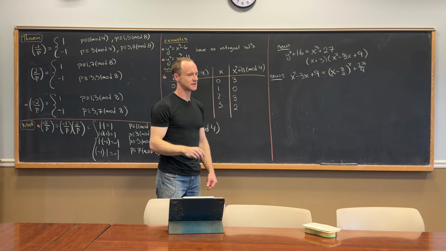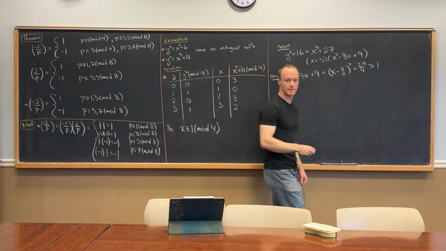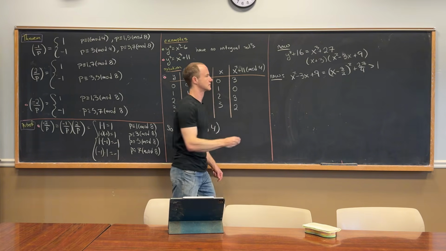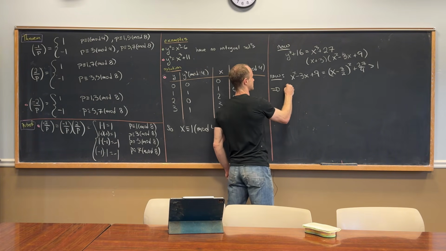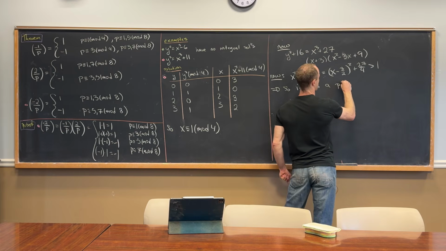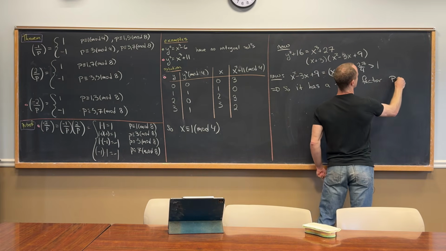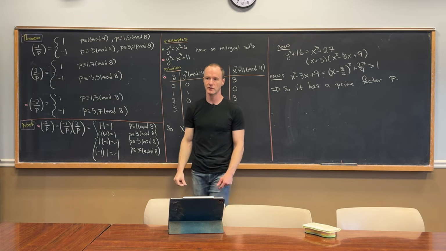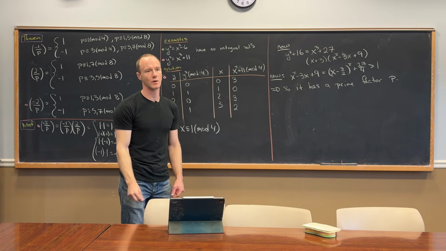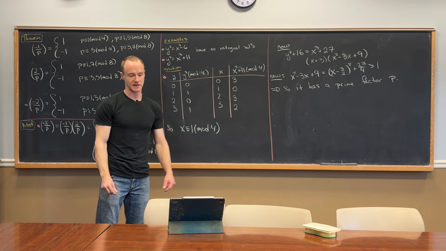So this is bigger than 1, which means it has a prime factor p. We got to get it bigger than 1.